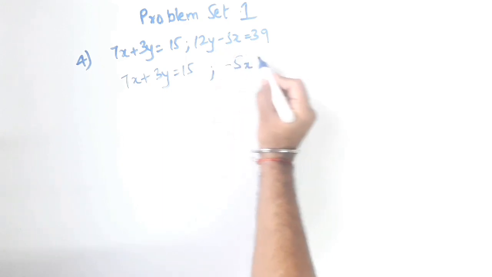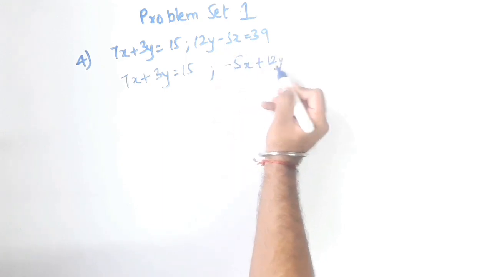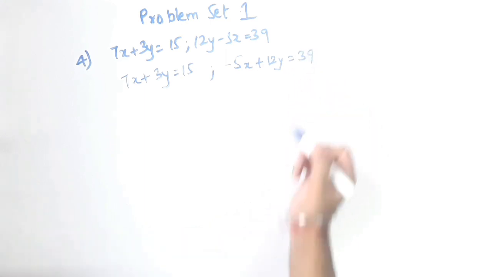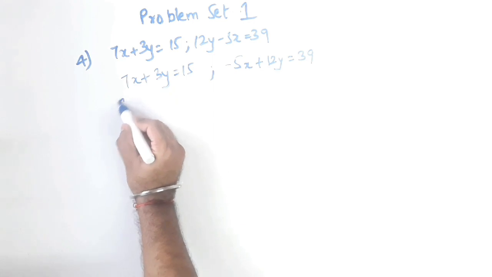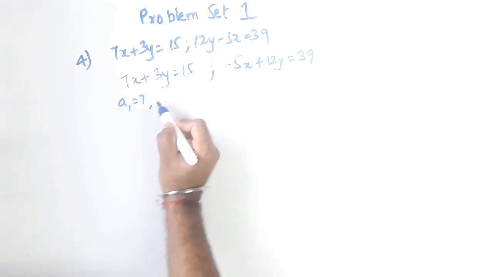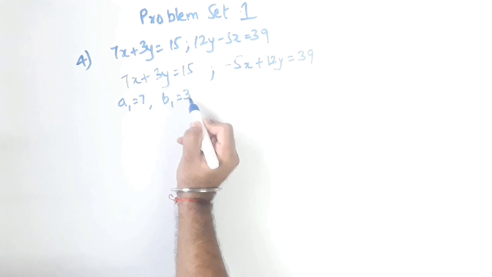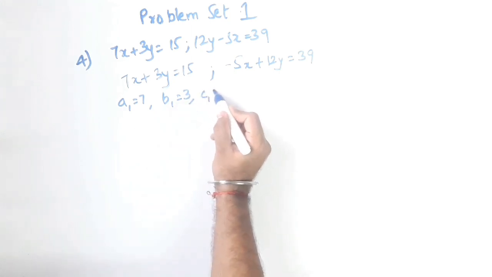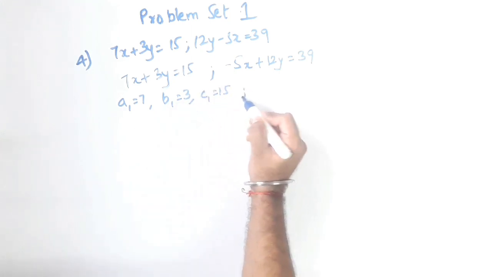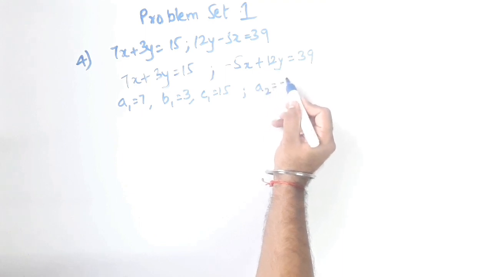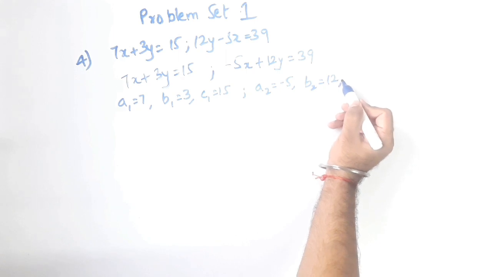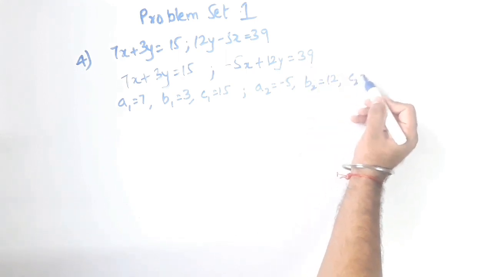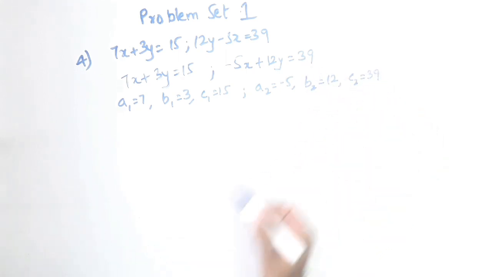Minus 5x I'll write, then plus 12y, then 39 is already in RHS. So you will write it like this. Now you can write what is a1. a1 is 7, b1 is 3, c1 is 15, a2 is minus 5, b2 is 12 and c2 is 39.